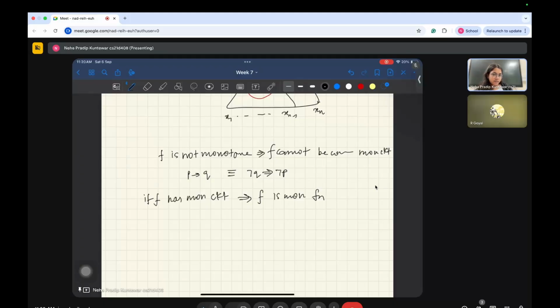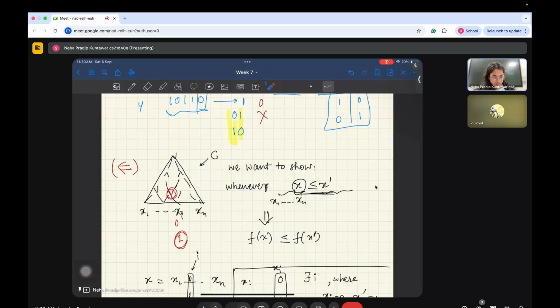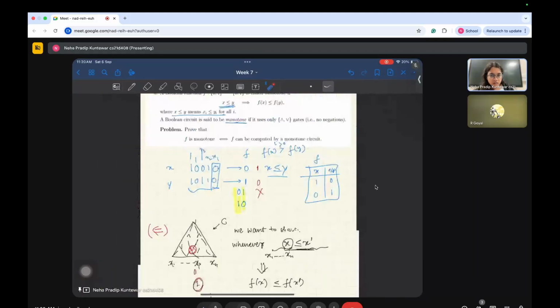This is what we argued here anyway. So if there is a monotone circuit, then it is computing a monotone function.